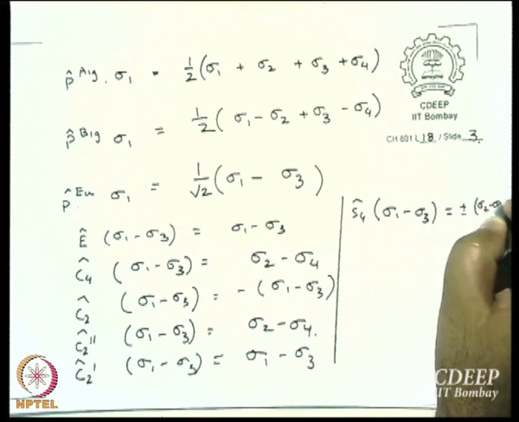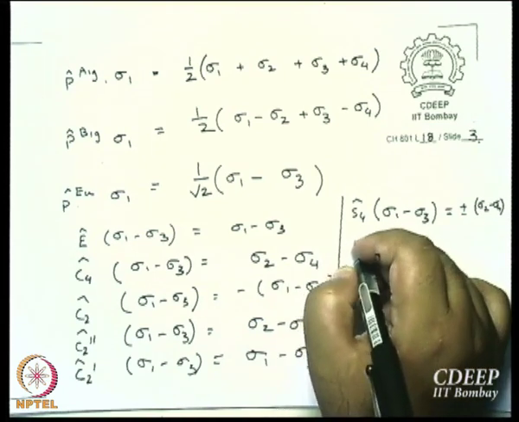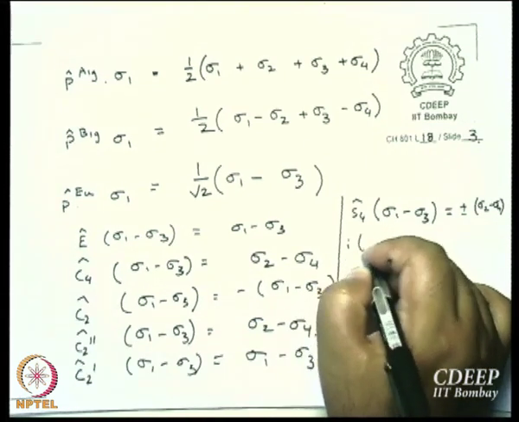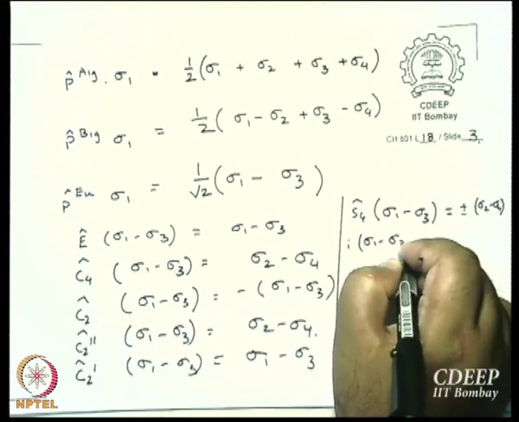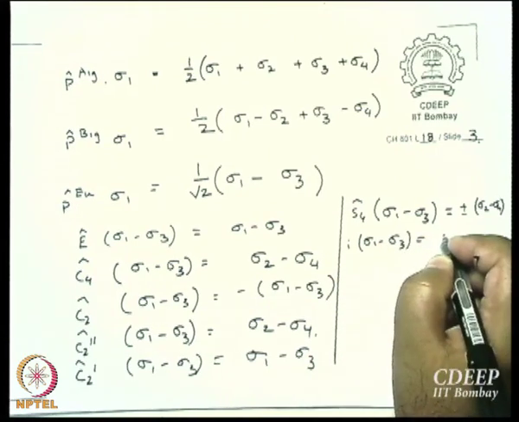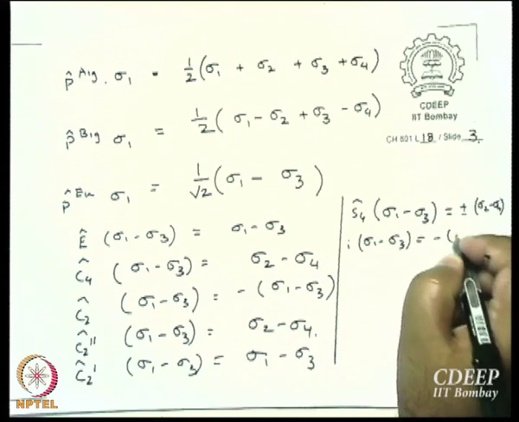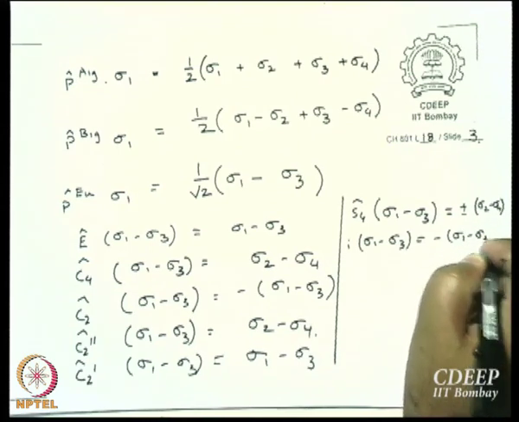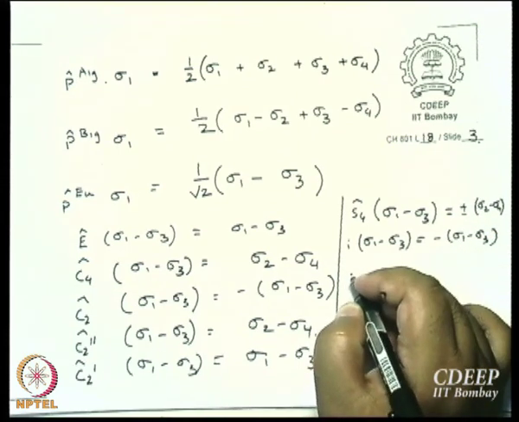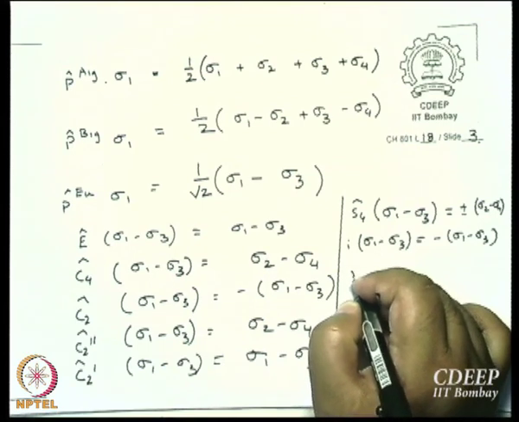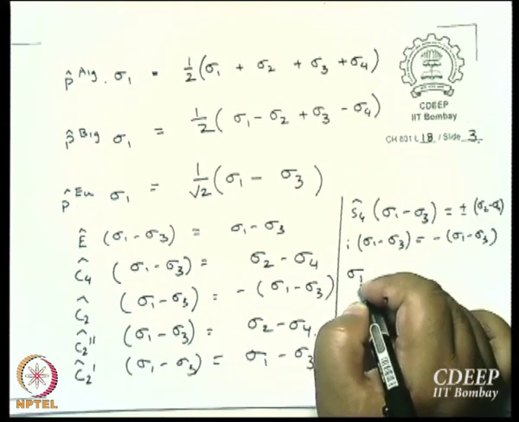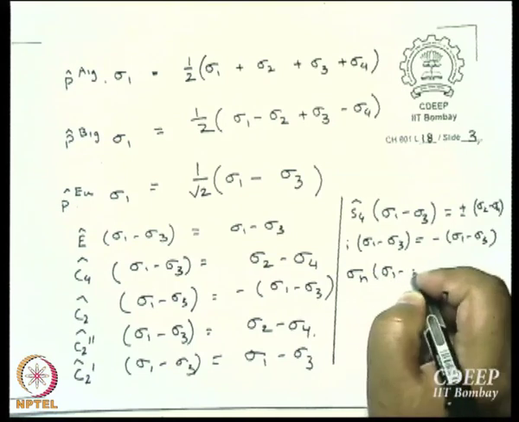Sigma 2 minus sigma 4. Then I. Then sigma h, that is too simple.